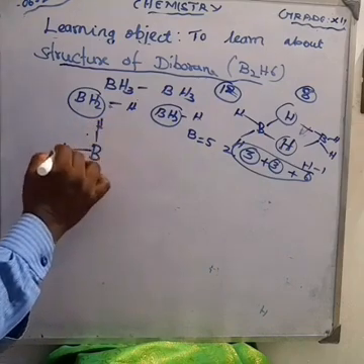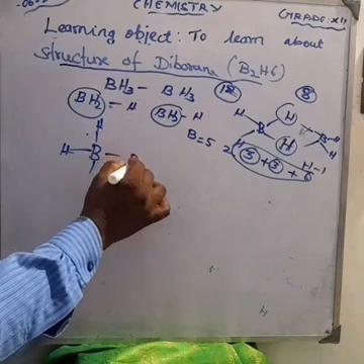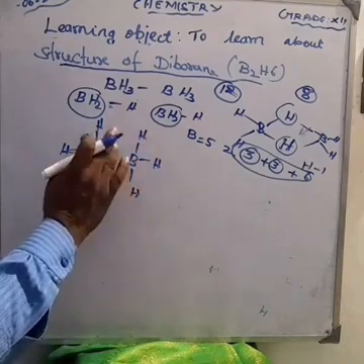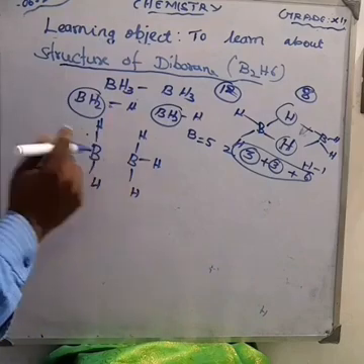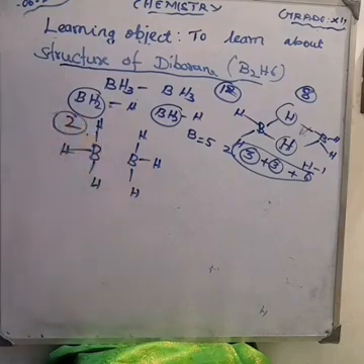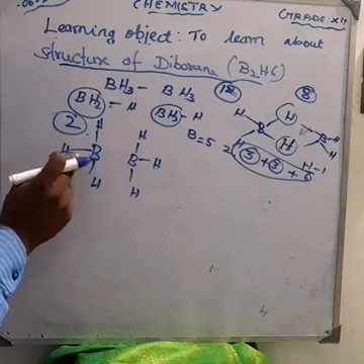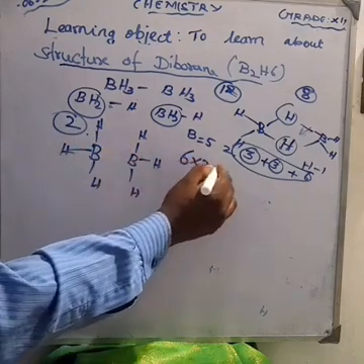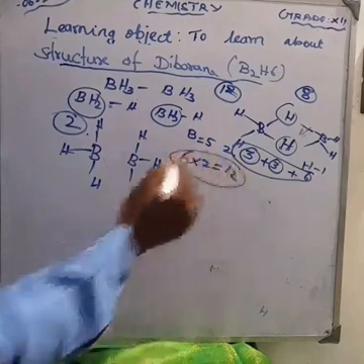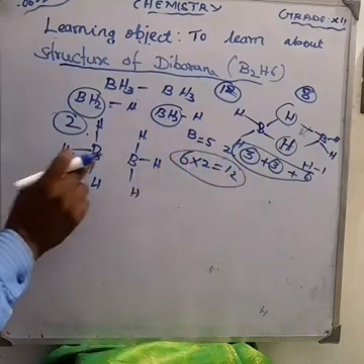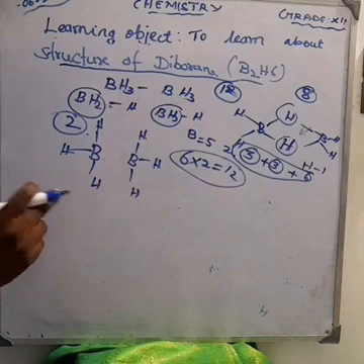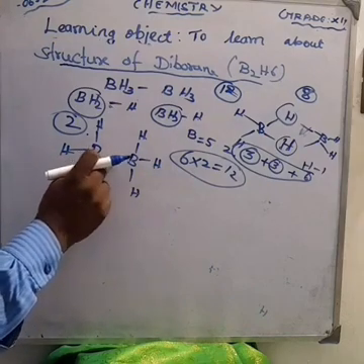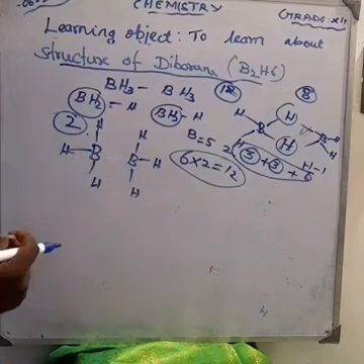This is boron, hydrogen, hydrogen, hydrogen, boron, hydrogen, hydrogen, hydrogen. This is one bond, and one bond needs 2 electrons. So here in total 6 bonds, 6 into 2 is equal to 12 electrons. So for this boron, if we need to bond, there is no electron.